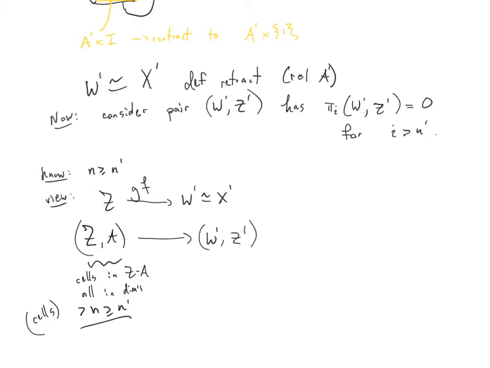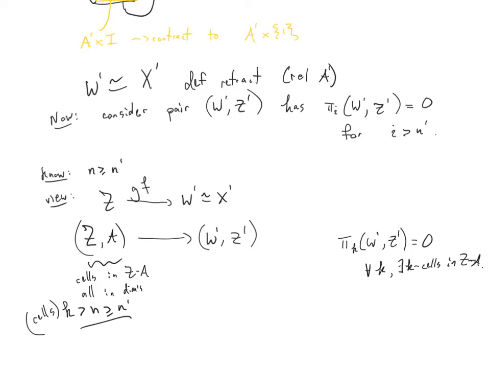So the compression lemma in particular says, since all of the cells I'm adding on live in dimensions where, if k is my cell dimension, pi k of w prime, z prime is 0 for all k cells in z minus a.